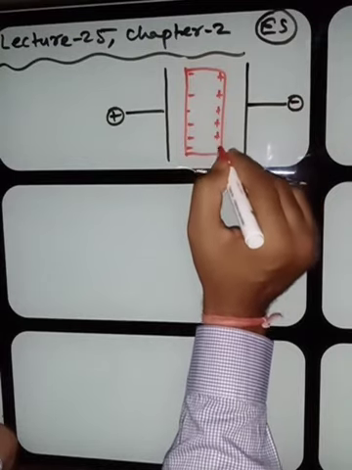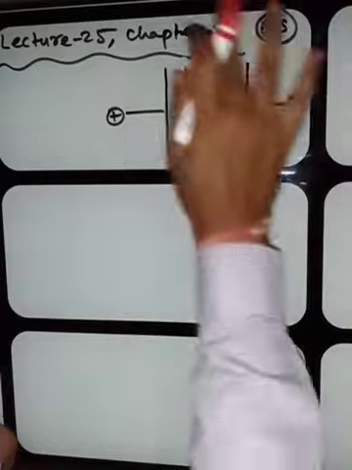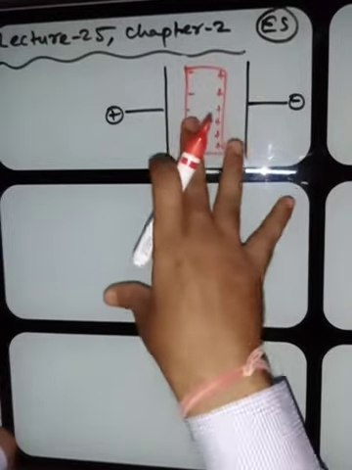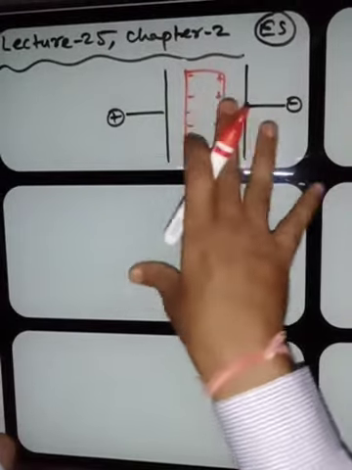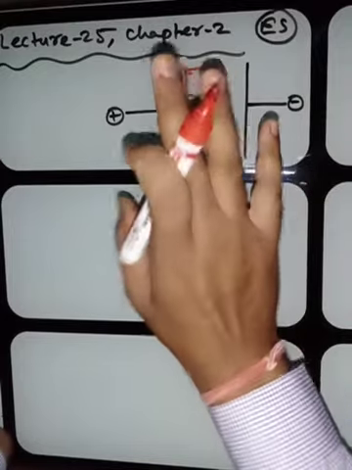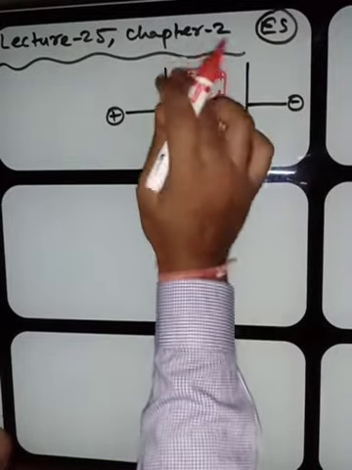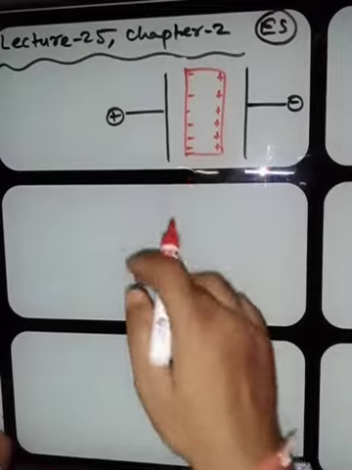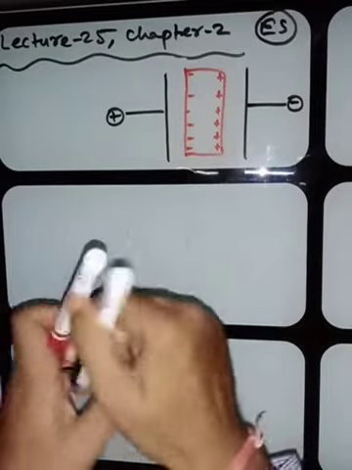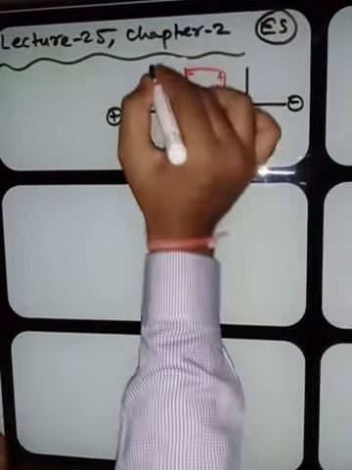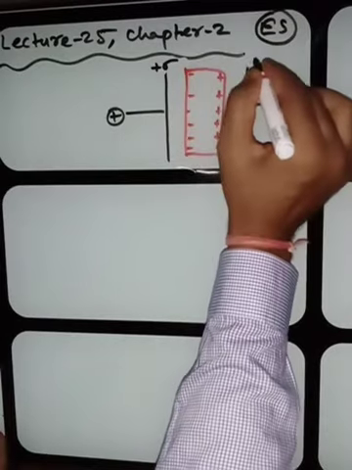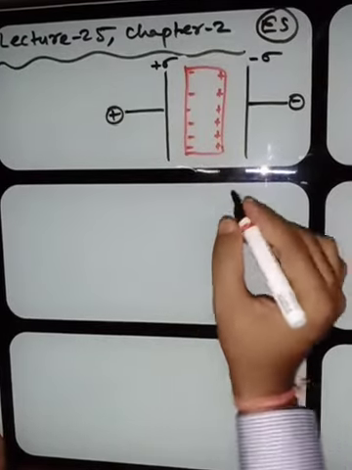Remember, there will be no net change in charge. Only the charges are induced but no net change in charge. Here, suppose plus sigma of this plate and minus sigma of this plate.